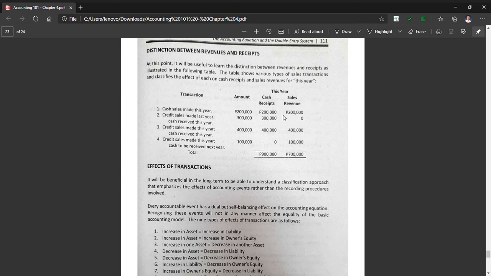Why? Kasi ang basis ng pag-record natin ng revenue is on the sales mismo. Yung sales natin is made this year. So, this year natin i-record ang sales na yon. Kaya, magiging revenue siya this year. So, take note na this year lang ha.